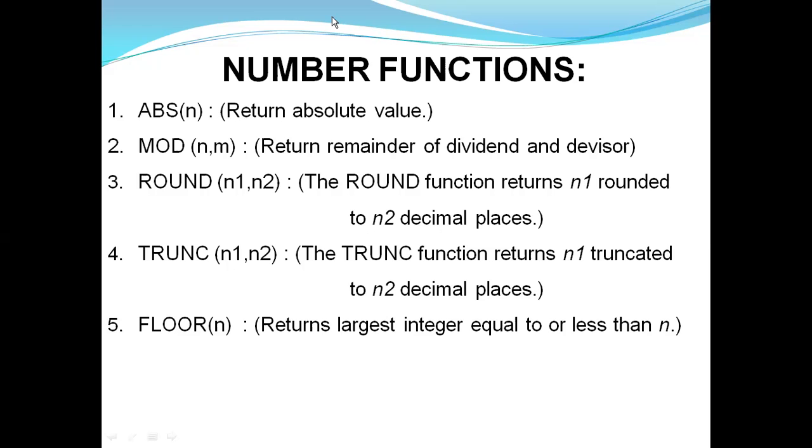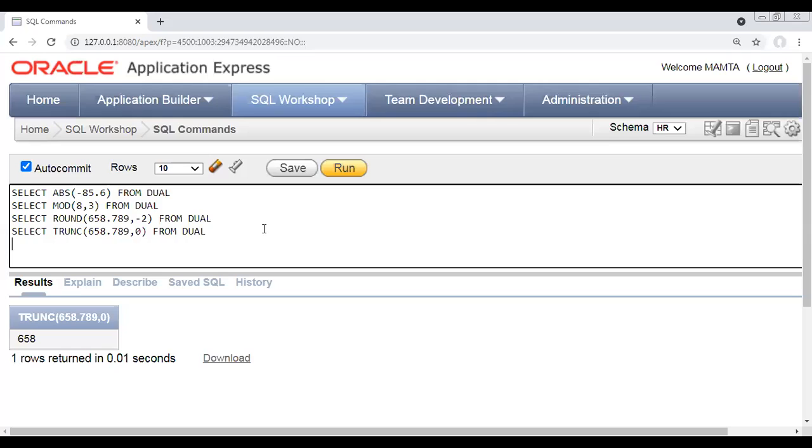Now let's see. I'm writing a query here. I say select floor 5.6 from dual. Now it is going to return the integer out of this. That integer must be either equal to this or less than this. Very simple here.